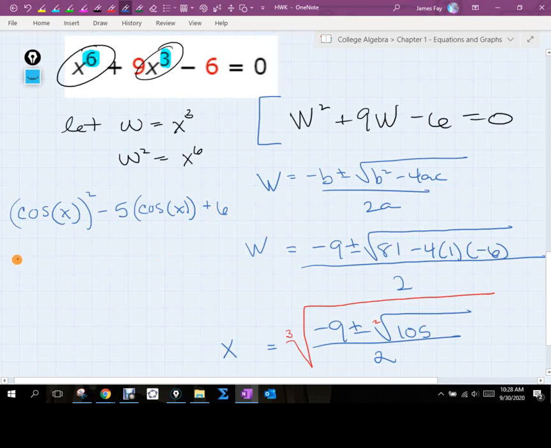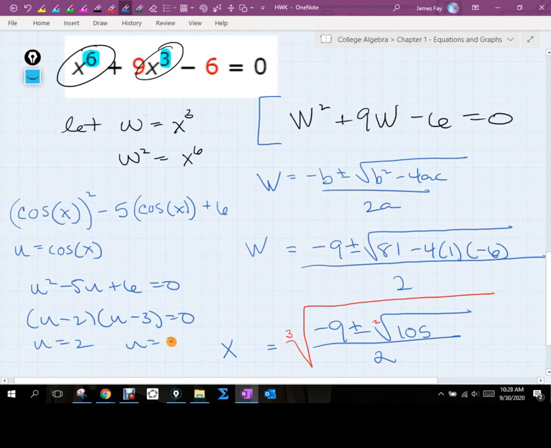What I would do is say, nope, u is going to be cosine x. So then this becomes u squared minus 5u plus 6. And that would give you u minus 2 and u minus 3, right? So then we get u is equal to 2 and u is equal to 3.